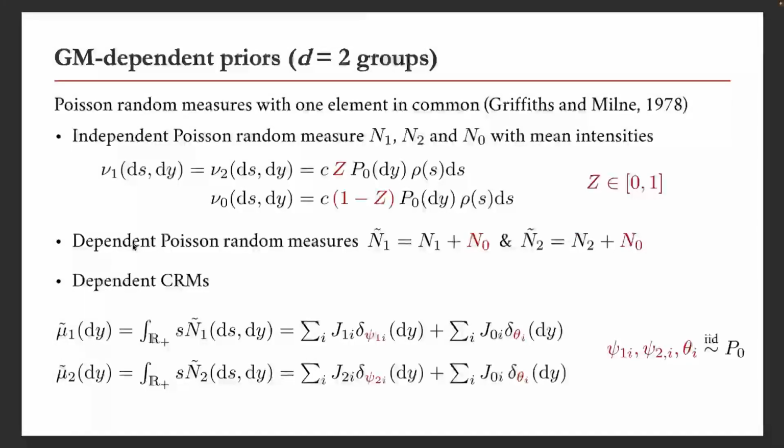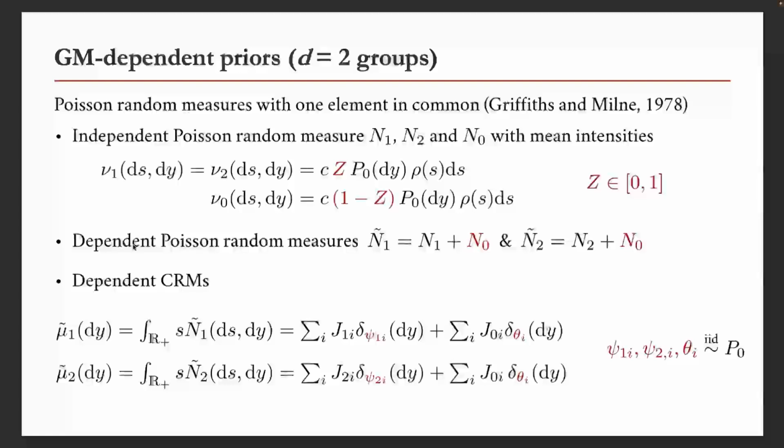And here, the idea of dependence was initially suggested in this nice paper by Griffiths and Milne in 1978. What did these two guys do? They basically were interested in extending the notion of canonical correlation, a kind of dependence that was devised by Lancaster for random variables, to infinite dimensional objects, in particular Poisson random measures.